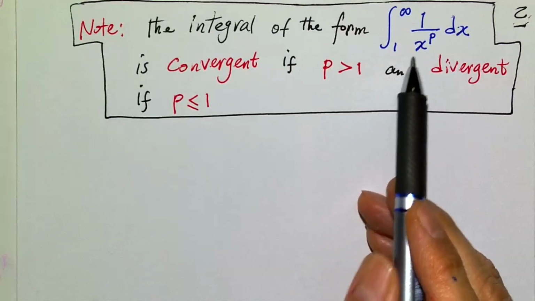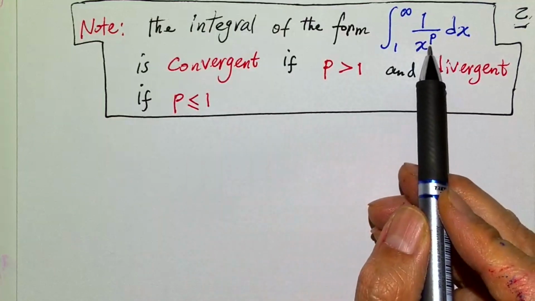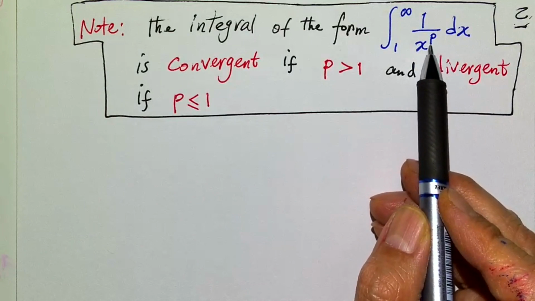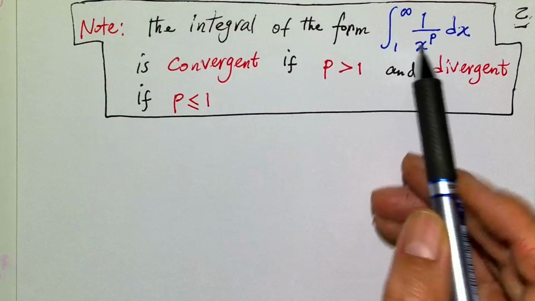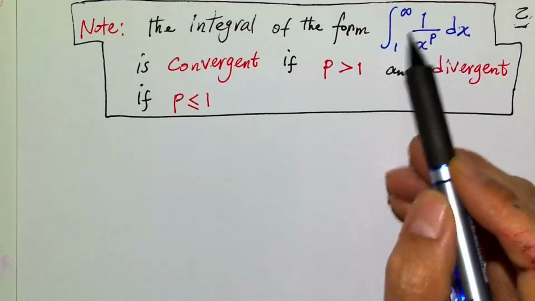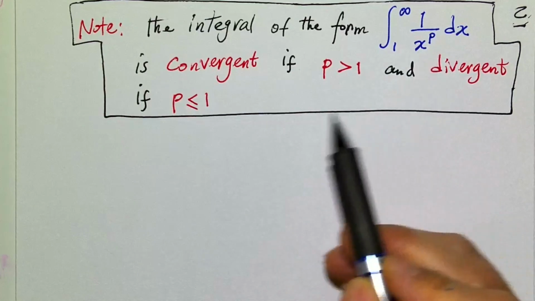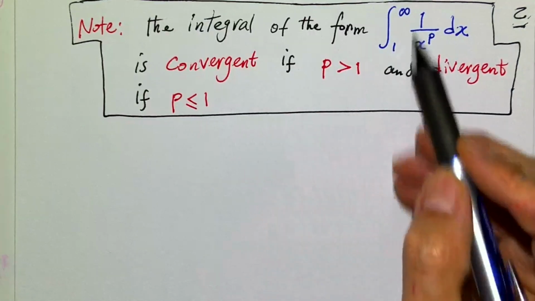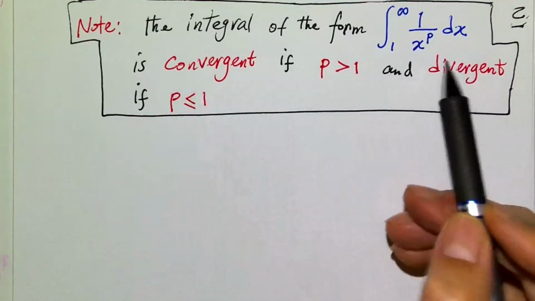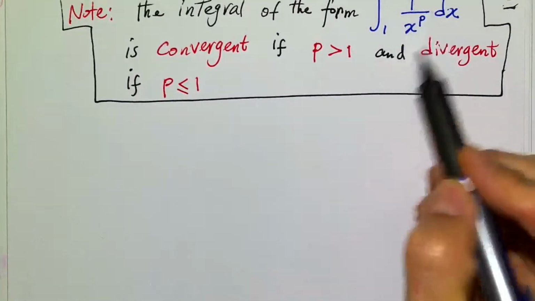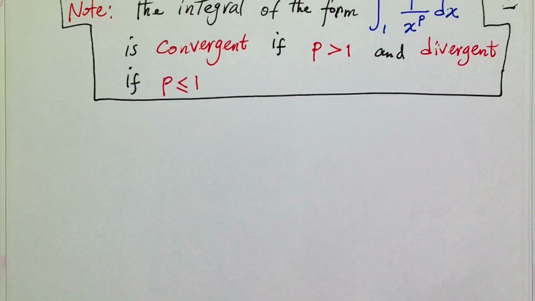But if p is less than or equal to 1, and you test some values on your calculator, you'll see that this quantity just gets bigger and bigger, particularly when you try some negative p values. Then this quantity gets to be very large. So this is based on that ratio.